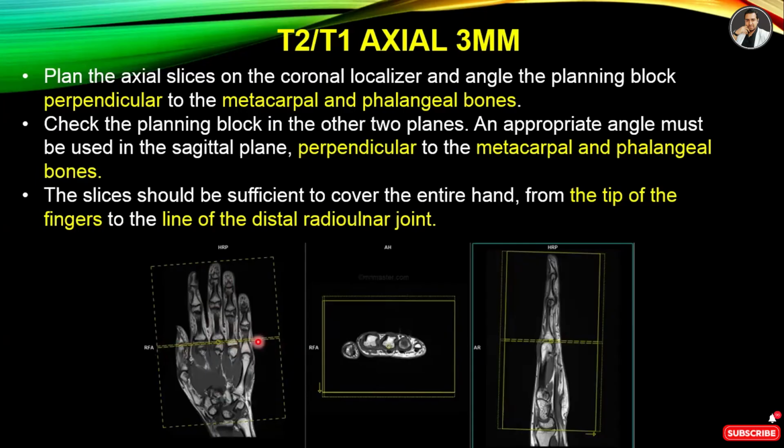And we will give the sagittal plan: the bones in the palm, the slices are perpendicular to the bones. And the coverage is from the tip of the finger to the joint of the distal radius. So, we have to take the coverage on the axial image.